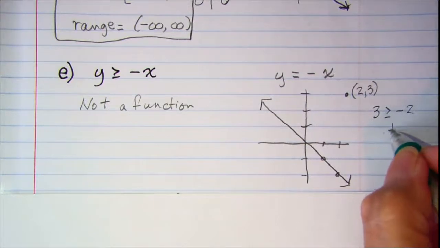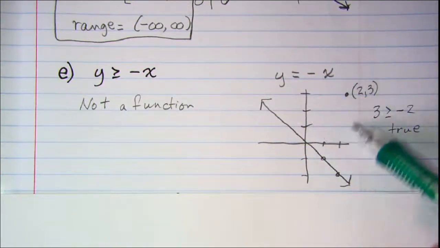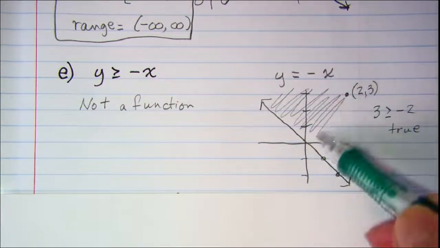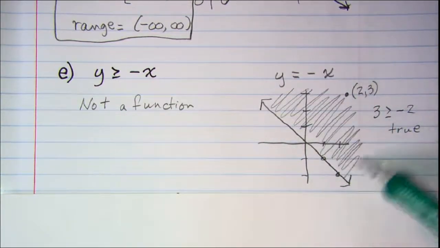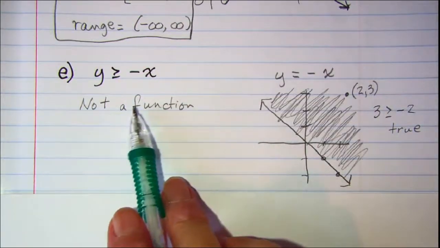And this is a true statement. So any point that's up here above this line is going to be in the graph of this inequality. So anytime you have shading like this, it's not a function.